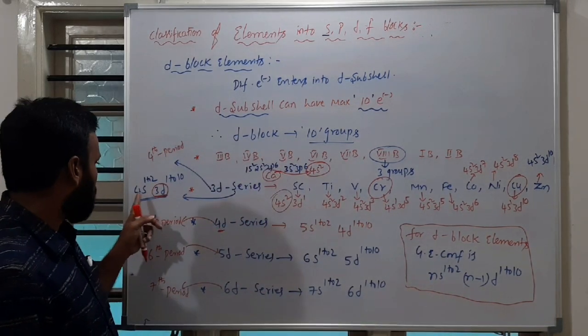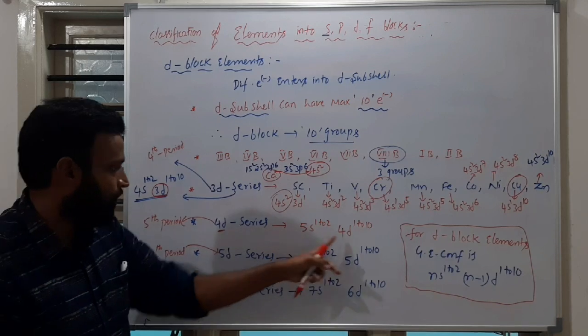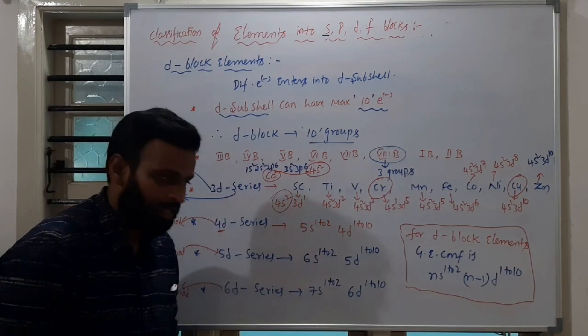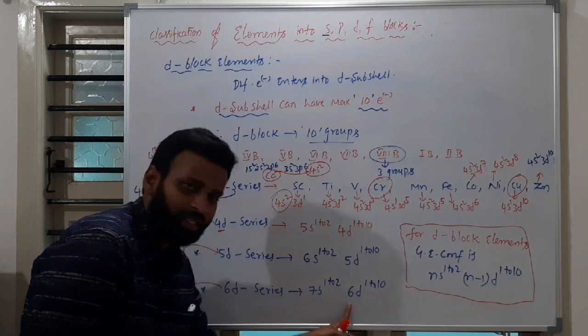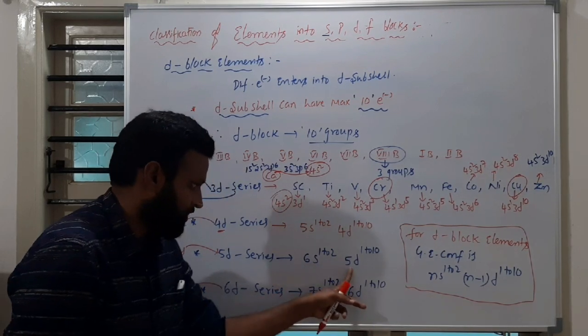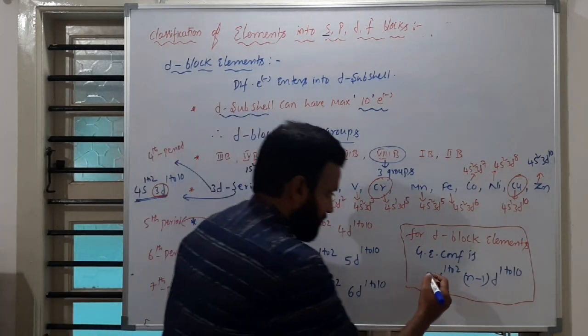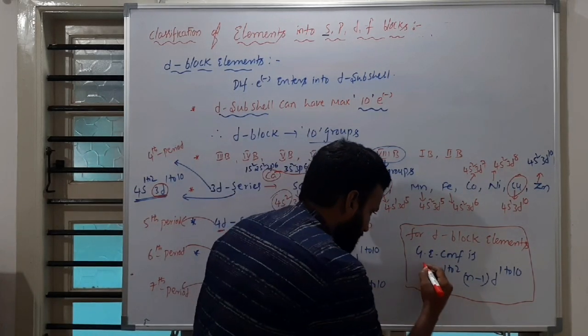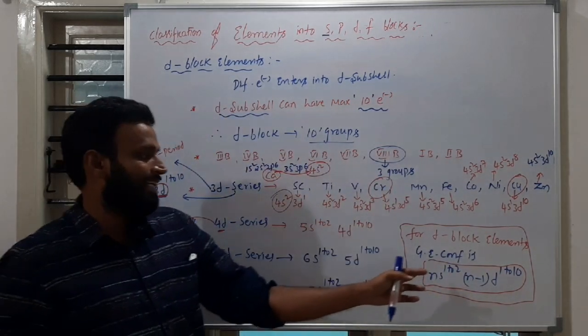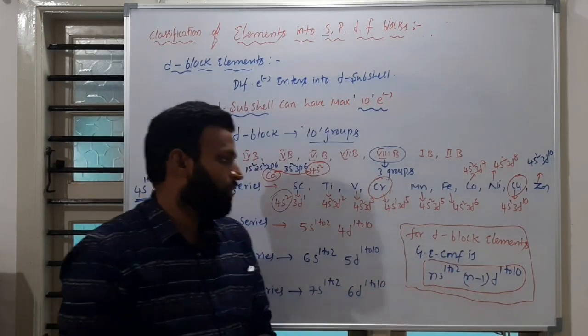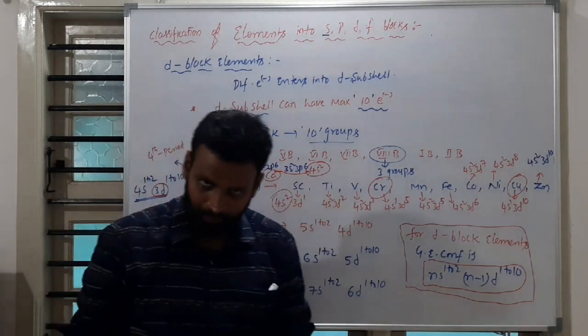Because everywhere you can check 4, 3; 5, 4; 6, 5; 7, 6. So n, n-1. If n is 7, 7 minus 1. If n is 6, 6 minus 1, like that. So this is the general electronic configuration. You must remember for the d block elements ns1 to 2, (n-1)d1 to 10.